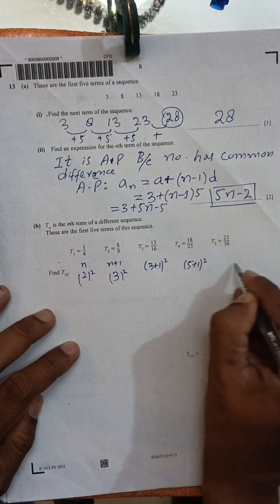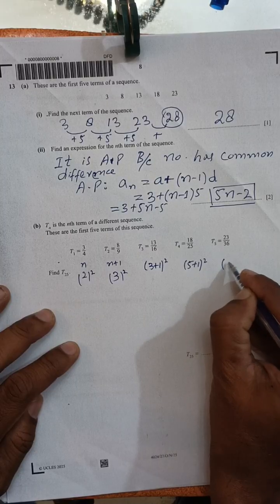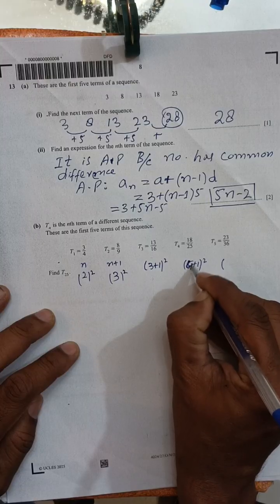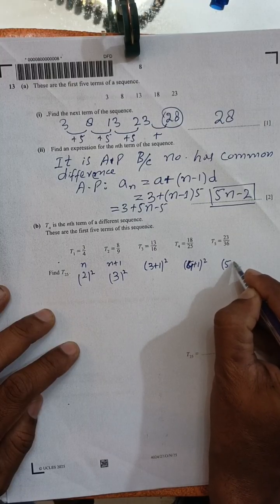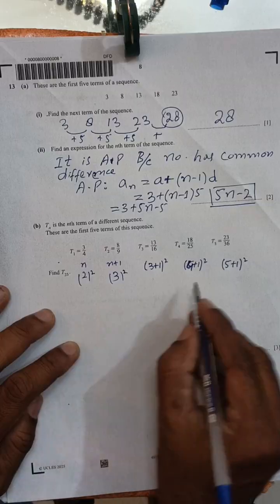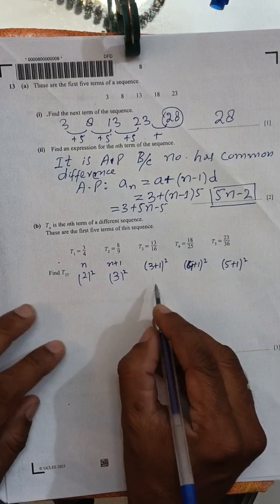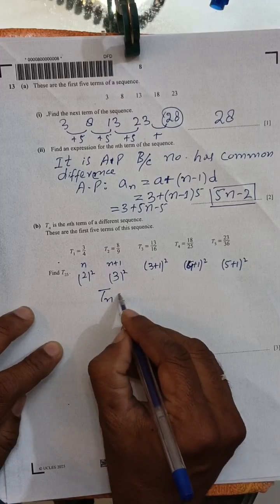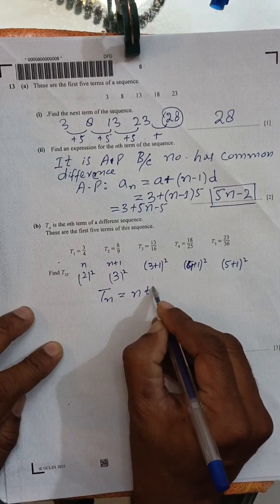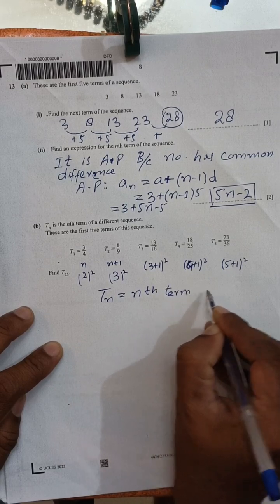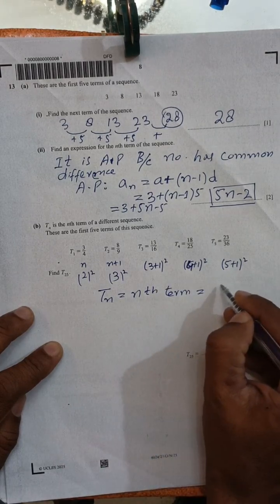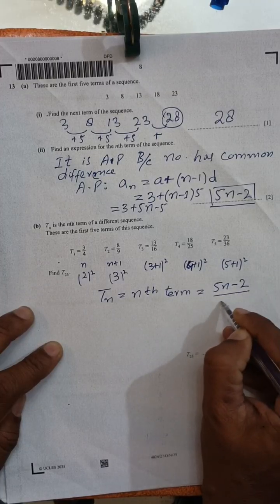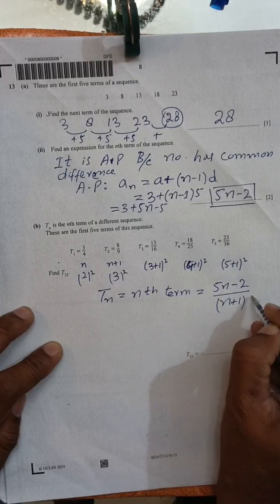5 plus 1 square. Similarly it will be 4 plus 1 square. It will be 5 plus 1 square. Okay, so I can write this one, Tn, this is the nth term, which will be 5n minus 2 upon n plus 1 square.